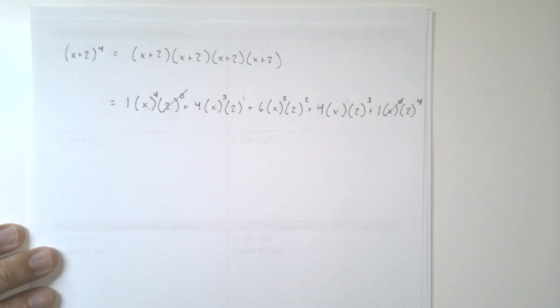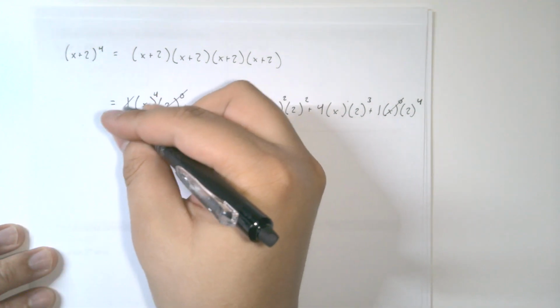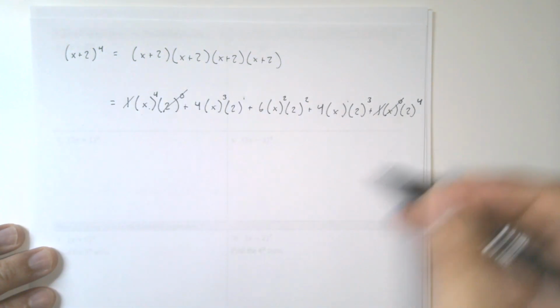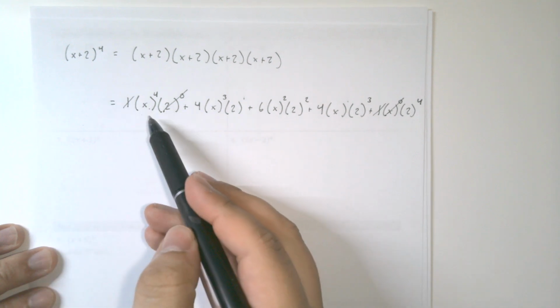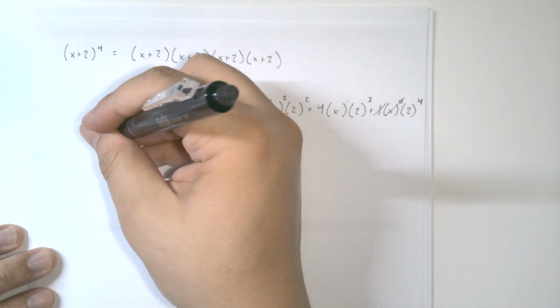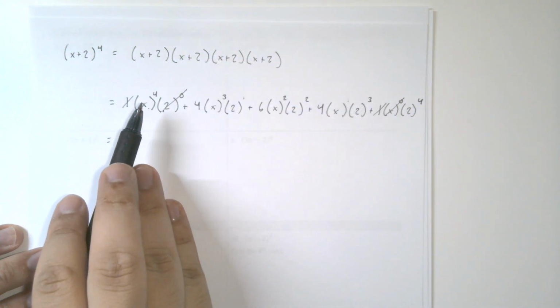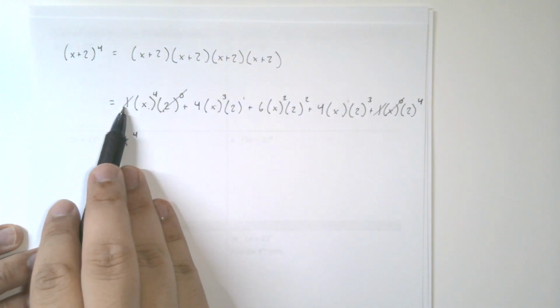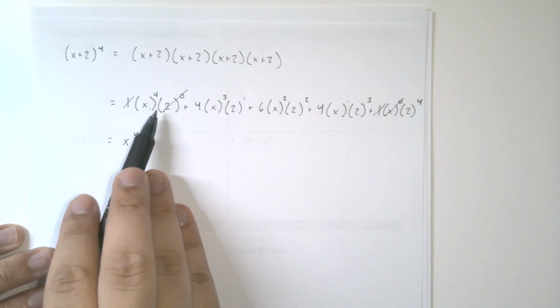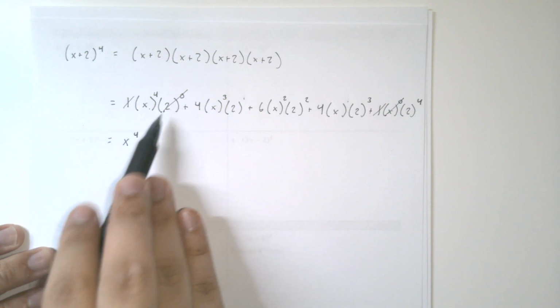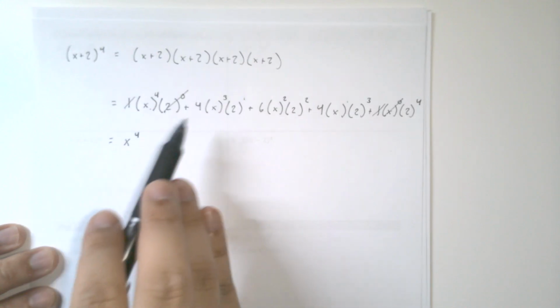And also we don't need to multiply by 1 explicitly. So really, all we have here in this first term is x to the fourth. We crossed off our 1, and then our 2 to the 0th didn't matter either, because that's 1 and this is 1. So x to the fourth.